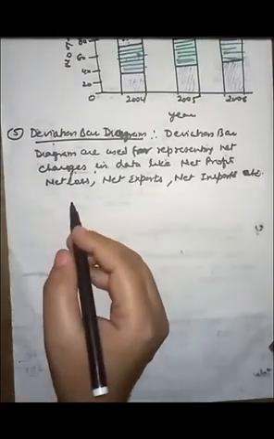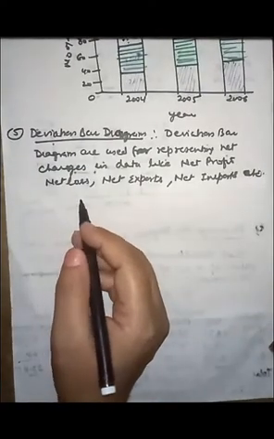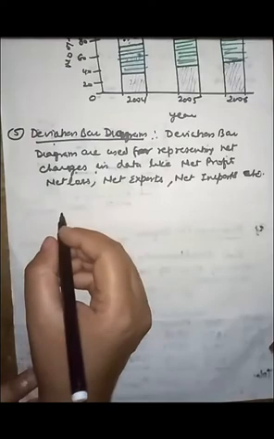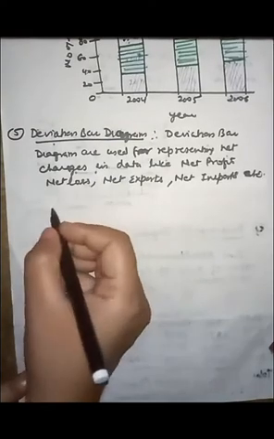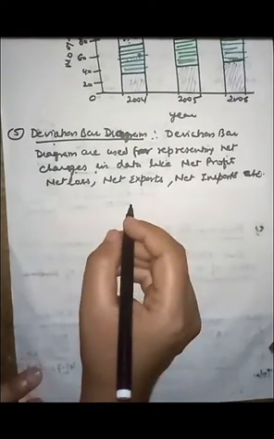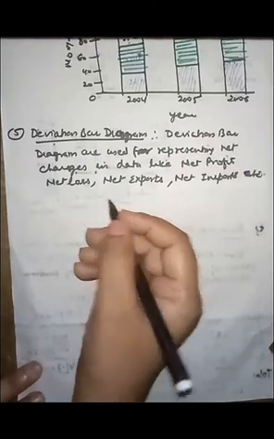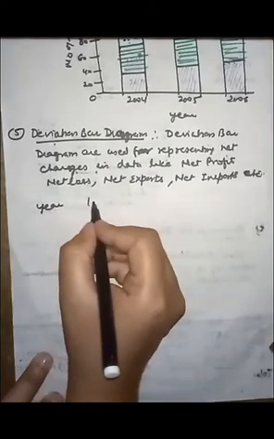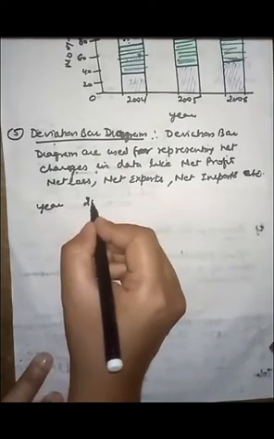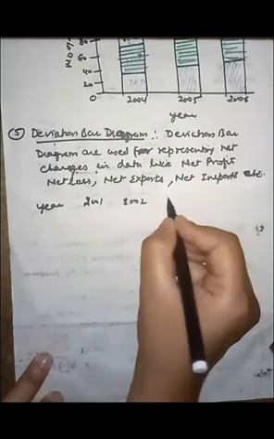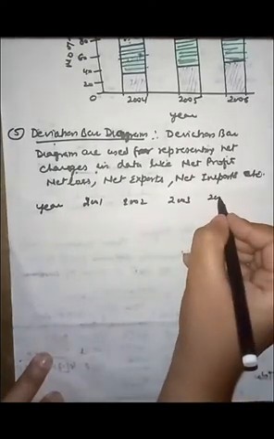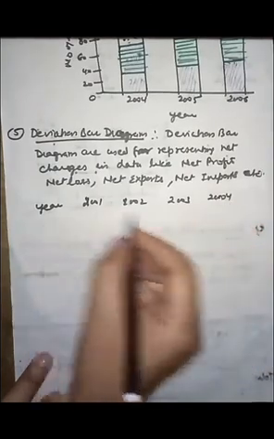Draw the deviation bar diagram. Take an example of a profit and loss statement of a company over 4 years. Suppose I take the years 2001, 2002, 2003 and 2004, right?